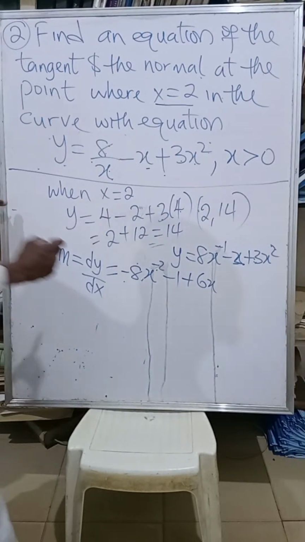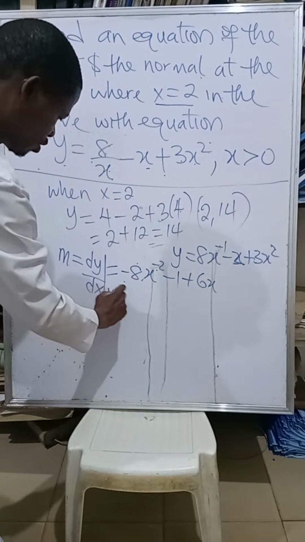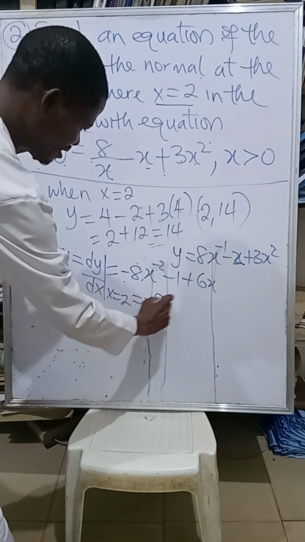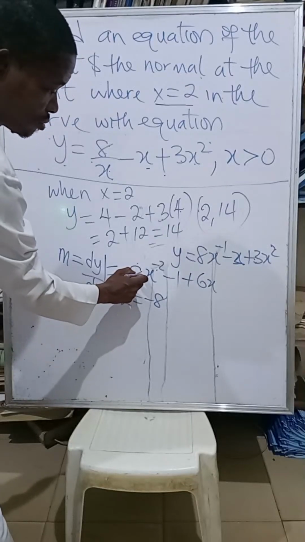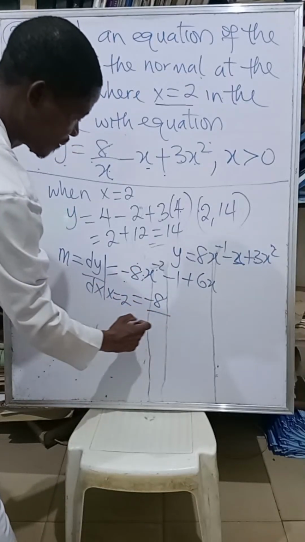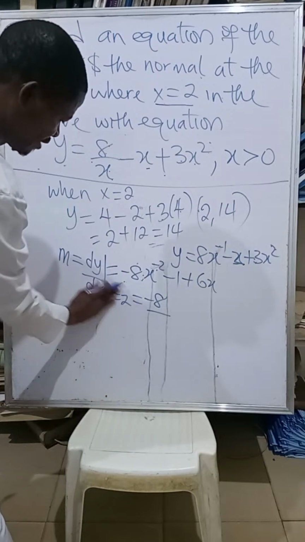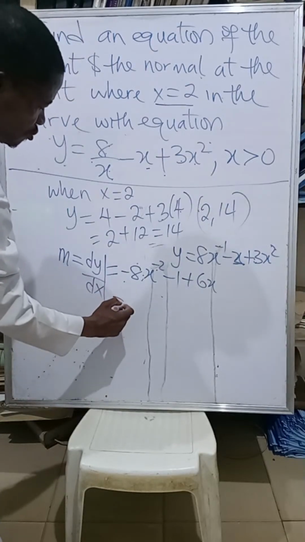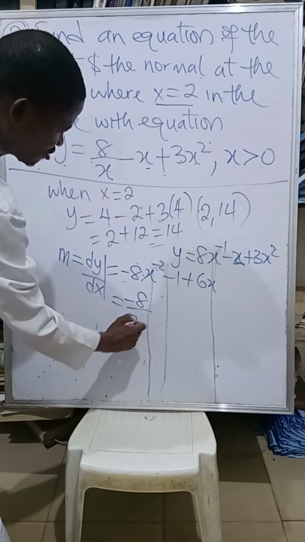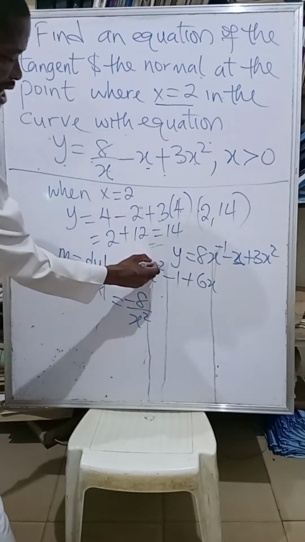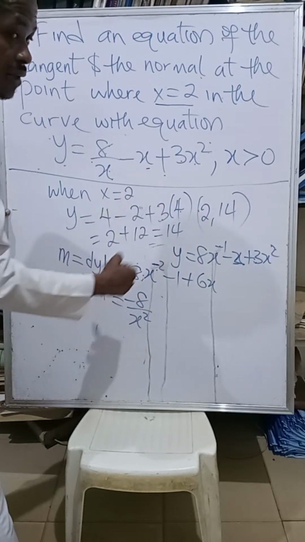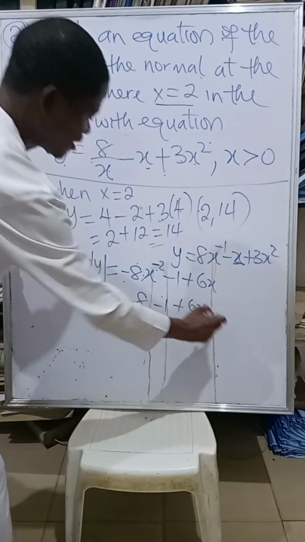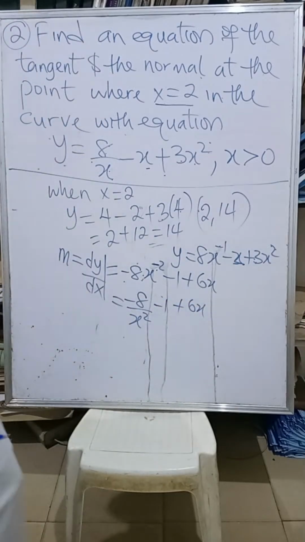So we need to find the gradient at x equal to 2. So this will be equal to minus 8 over x squared, minus 1, plus 6x. Then you can now make your substitution.